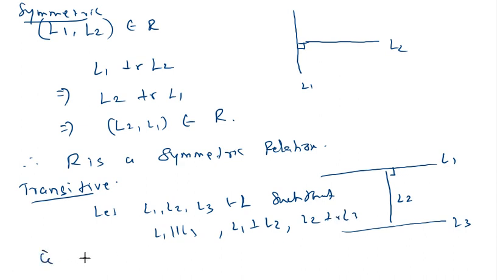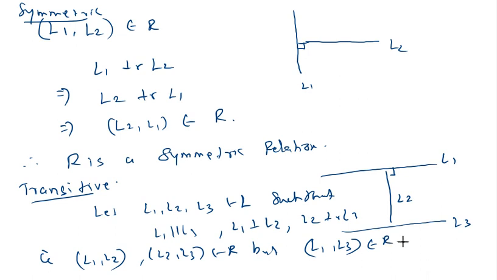That is, L1 comma L2 and L2 comma L3 belong to R, but L1 comma L3 does not belong to R. The reason is L1 is never perpendicular to L3.